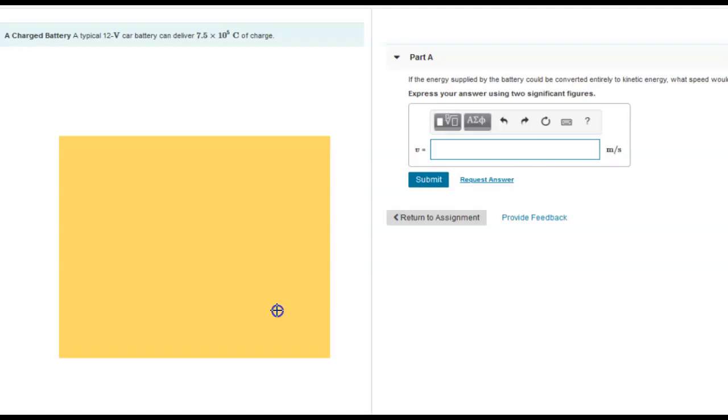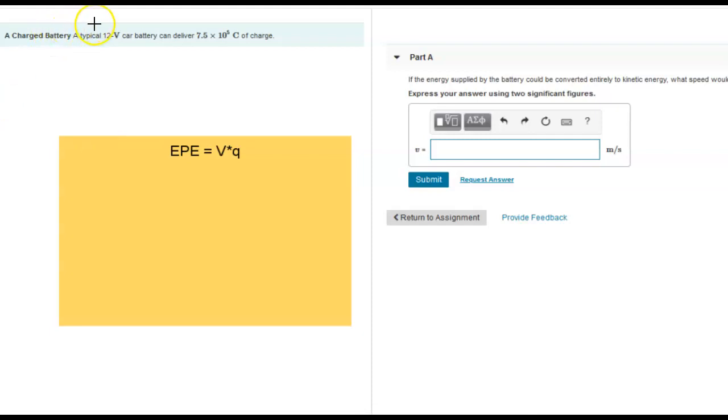So if we think again about our equation, electric potential energy is the product of our electric potential, or voltage, and the amount of charge we have. In this case, we have a battery that maintains an electric potential of 12 volts. That means that the energy it can give us really depends on how much charge is going through those 12 volts.